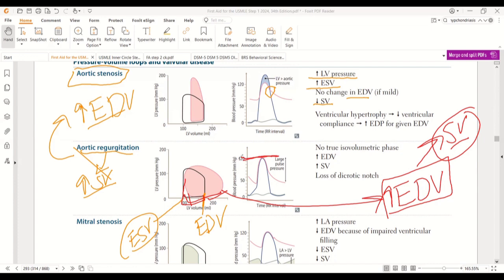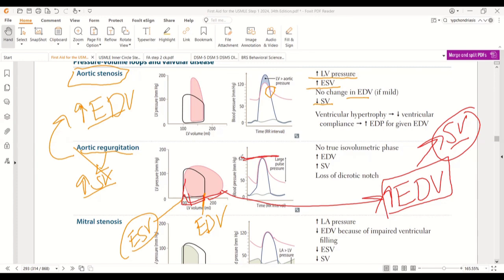I have a question. Is it fair to say that the end systolic volume in aortic regurgitation will have just a mild or slight increase, or do we say no change? Generally speaking, it remains unchanged, but it depends upon the condition as well.